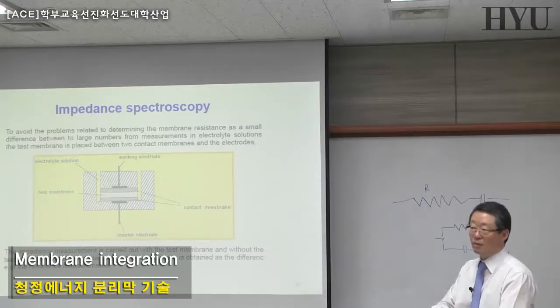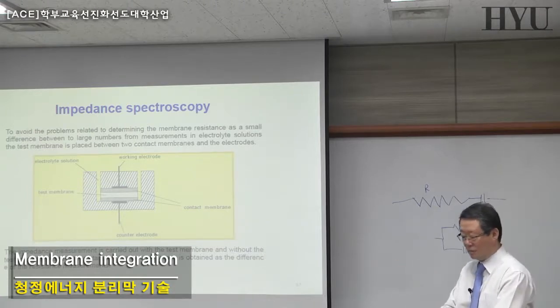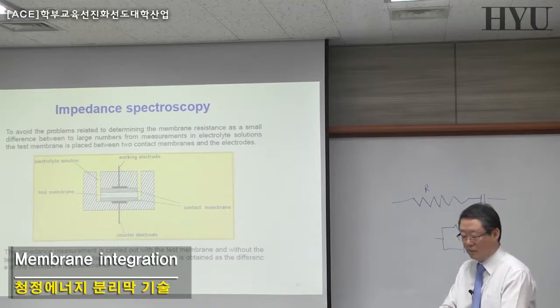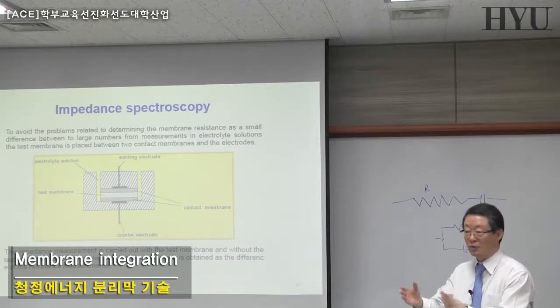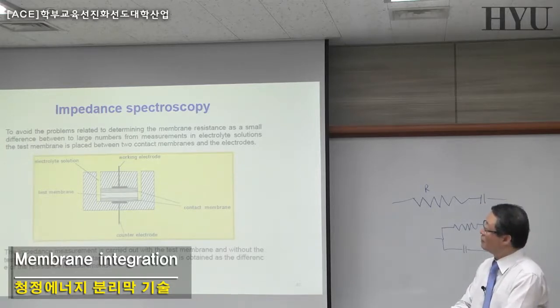But if you are using a membrane cast in your own laboratory, then the membrane-to-membrane deviation might be quite high. The surface roughness of each membrane will introduce some errors into the impedance measurement, so you have to be very careful in this case.